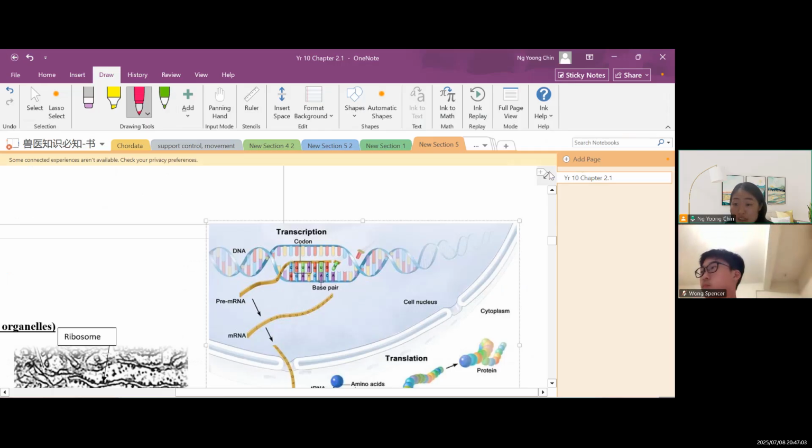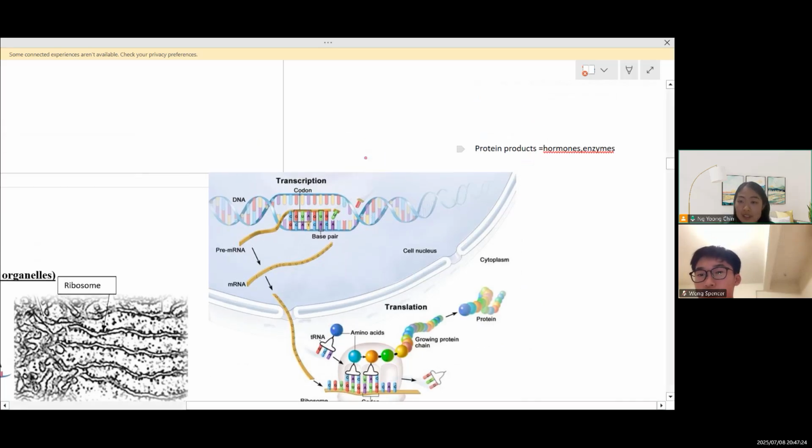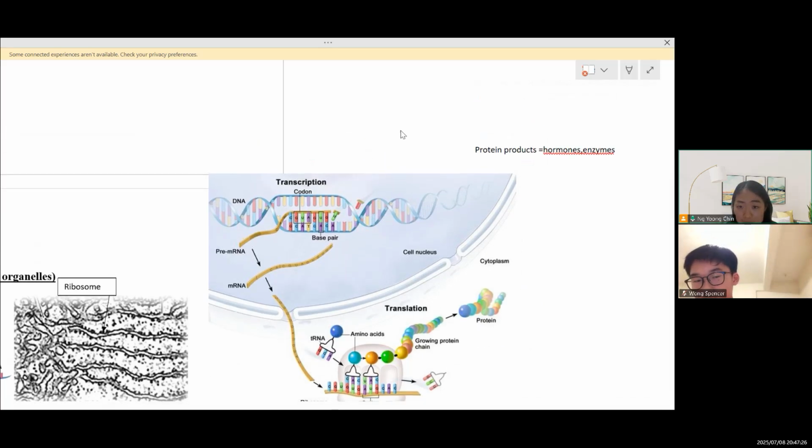One of its functions is to produce products, usually a lot of protein products. What kind of protein products have you learned before? For example, hormones and enzymes. Imagine that this is a cell found in the pancreas. This is a pancreas cell.